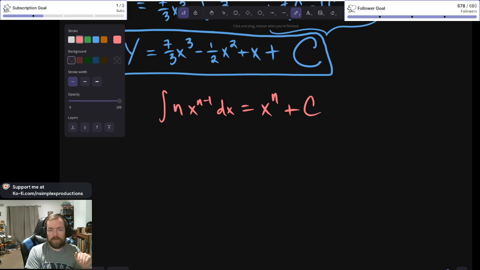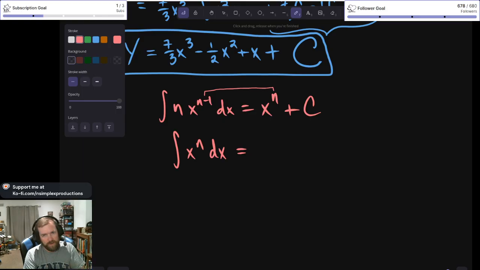Other people might also be interested in saying, well, the integral of x to the n dx, let's start from this place, is going to be equal to, well, this means that we know that our exponent ended up increasing by 1 because it's the opposite of what the derivative does. The derivative decreases, so the integral, the antiderivative, must increase. So this is going to be x to the n plus 1.